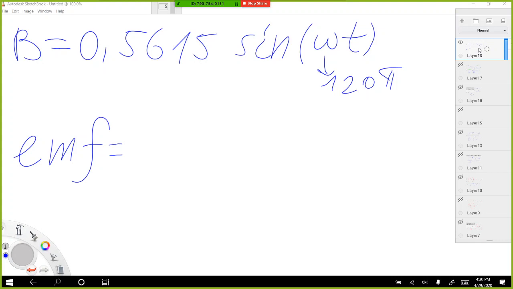the electromotive force will be omega 2 multiplied by S N, the number of turns of the loop. Don't confuse it with the number of turns in the coil.